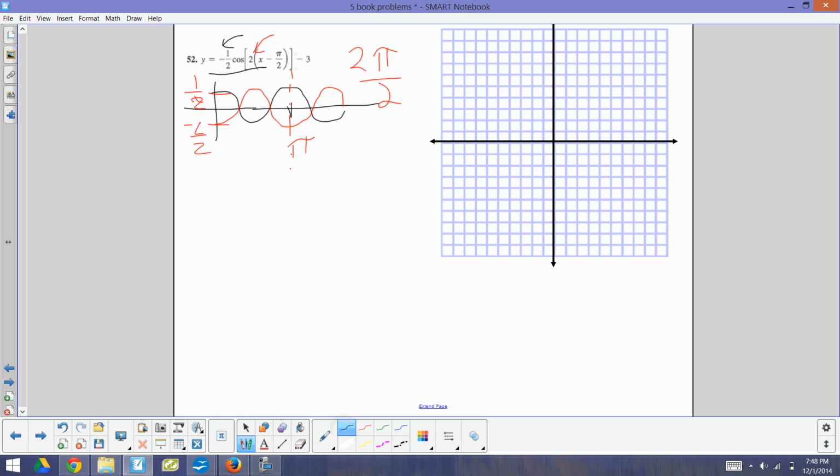So start with my initial points then. Beginning and end are usually the maxes, but now they're the minimums, because it rotated around the x-axis. So 0, -1/2, and the period was pi, -1/2.